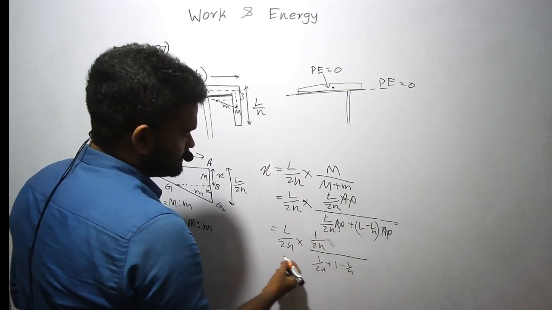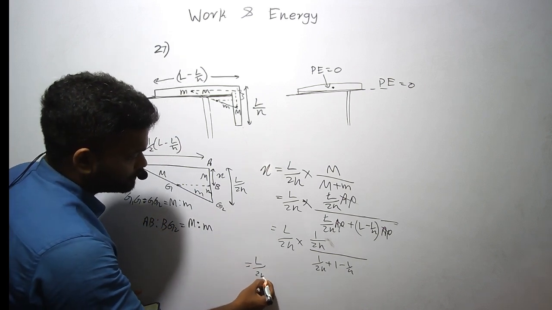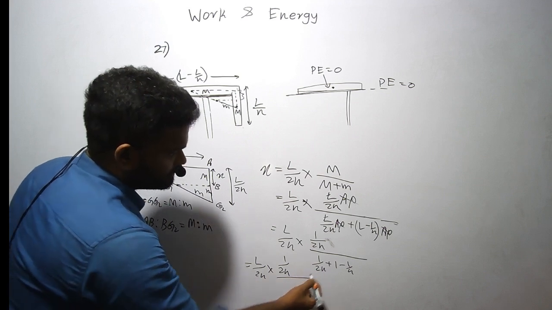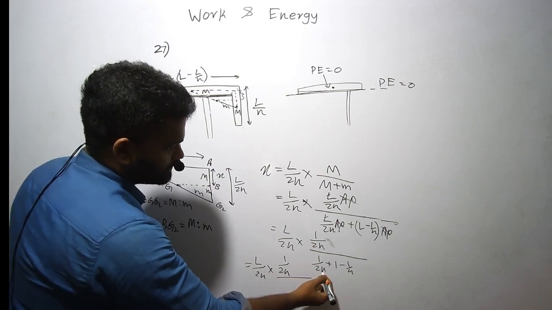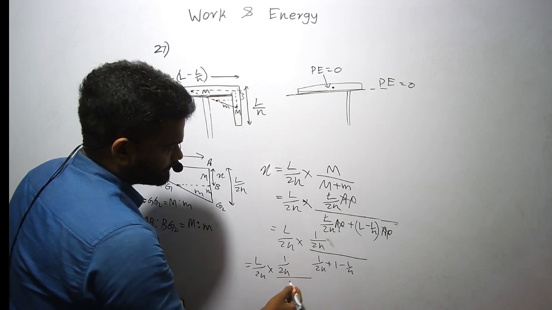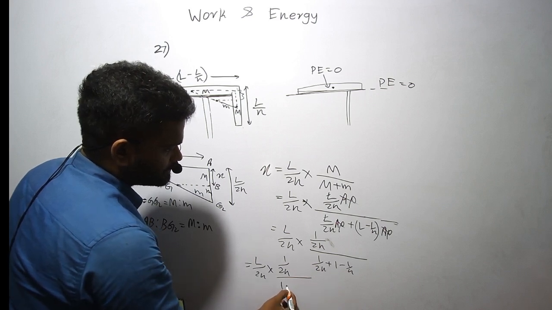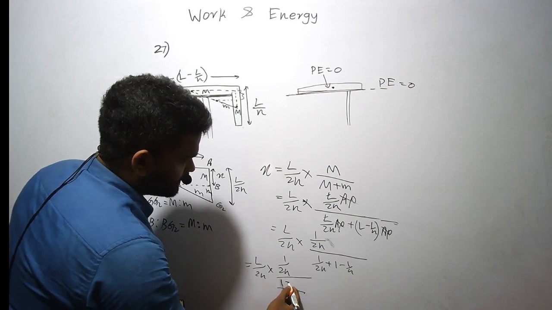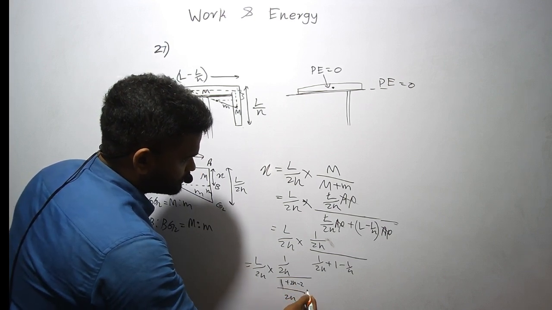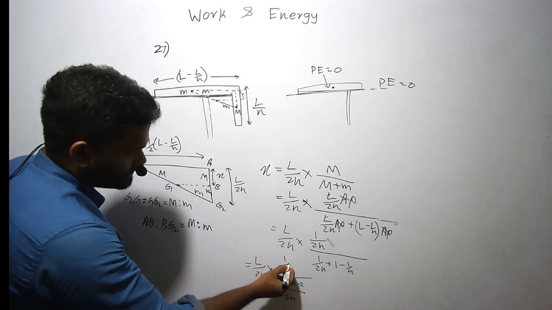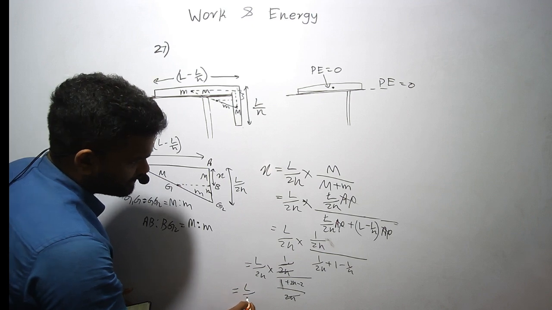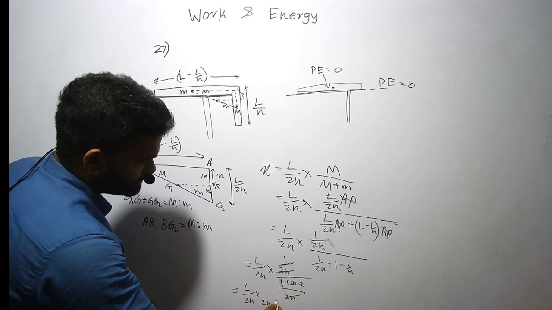Then you just have to simplify this. L over 2n times 1 over n. If you simplify below, what happens? Just take n as the common denominator.